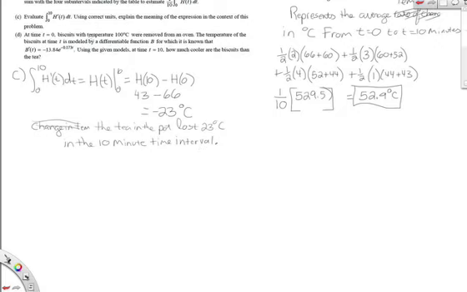Alright, so at time 0 we had some biscuits at 100 degrees and they were taken out of the oven. The change in the biscuit temperature can be modeled by this. So they want us to find out how much cooler the biscuits are than the tea. So what I need to know is how warm the biscuits are.